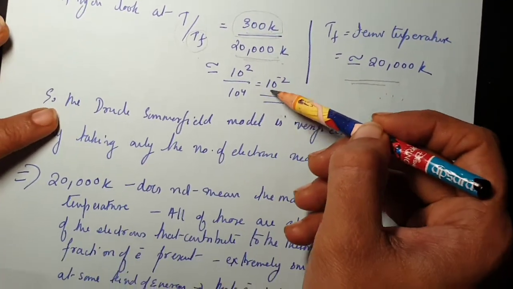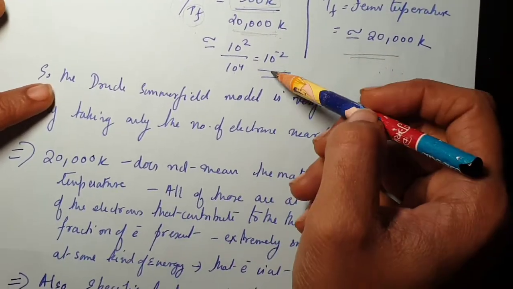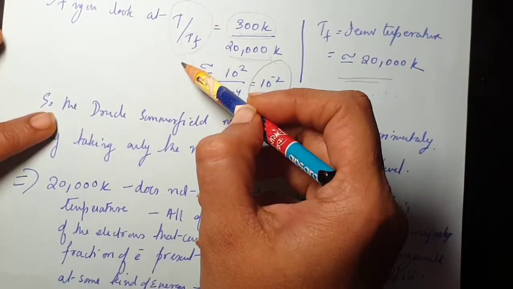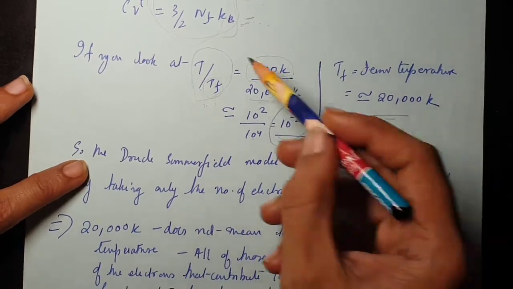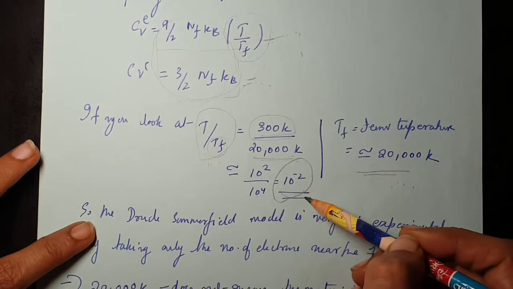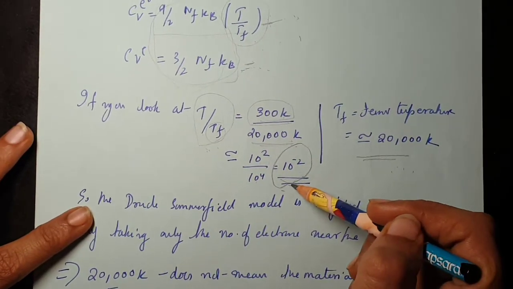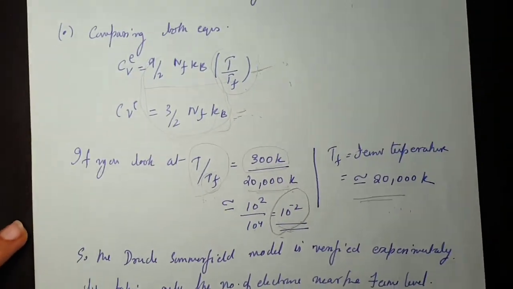So you have a factor of 10 raised to minus 2. Because of this new equation, we have reduced the classical value by 2 orders of magnitude. So this coincides with the experimental observation.